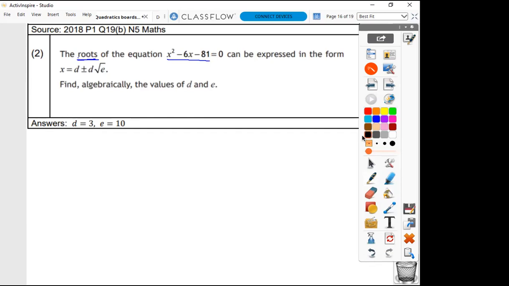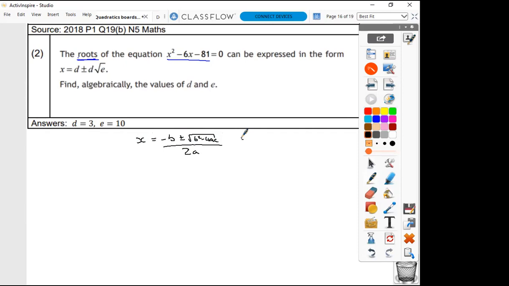The fact it's asking for roots, my head immediately goes to minus b plus or minus root b squared minus 4ac over 2a. Sorry, I did that tiny. So roots of a quadratic, my head's going there.